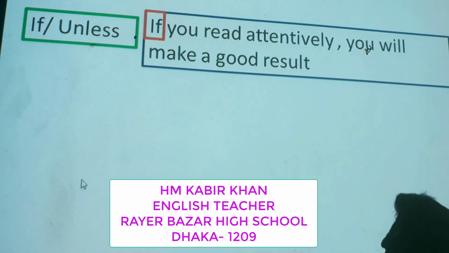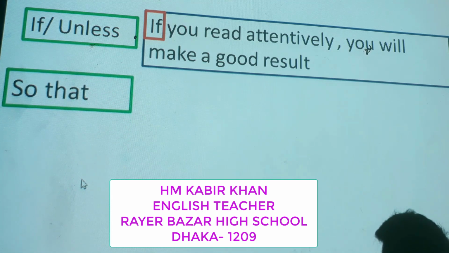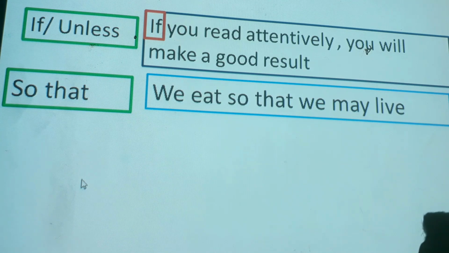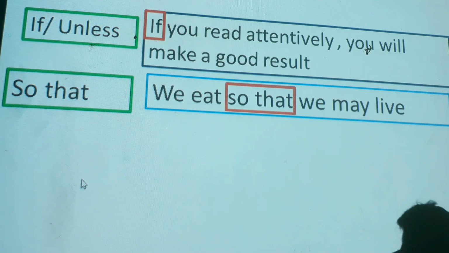Okay, my dear students, when you will see the sentence so that, then you will think the sentence is complex sentence. We eat so that we may live. This sentence is complex sentence because between two sentences we see there is so that.